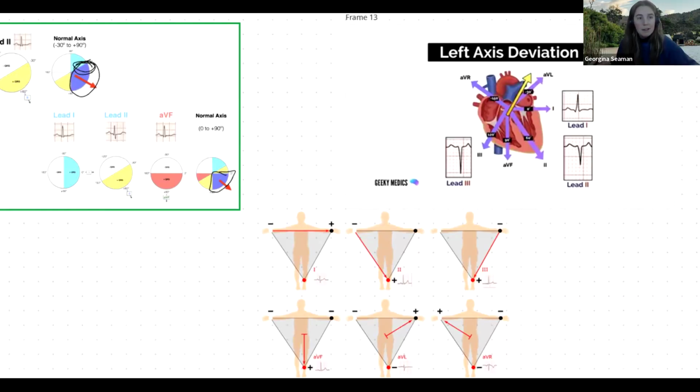So if we have left axis deviation, for example, and we are looking at lead 1, 2, and 3, whatever method you want to use, there's a couple of different methods, and there's a couple that Craig went through on Milo, but either way, you're looking at whether the positive and the negative are different from what they should be. The first lead that I always look at is lead 2, because it's the one I'm expecting is always going to be the normal one.